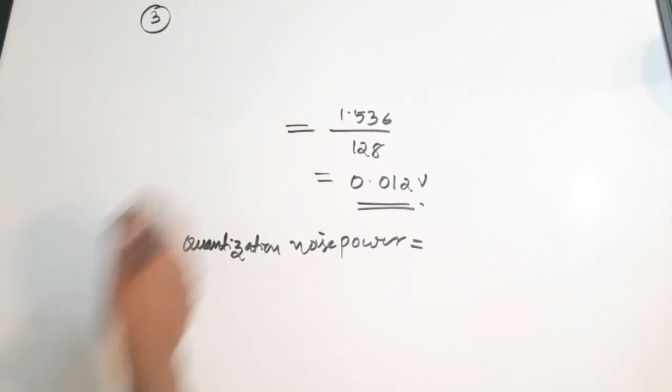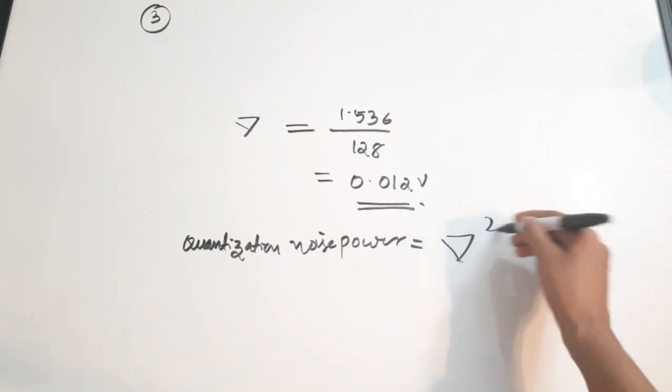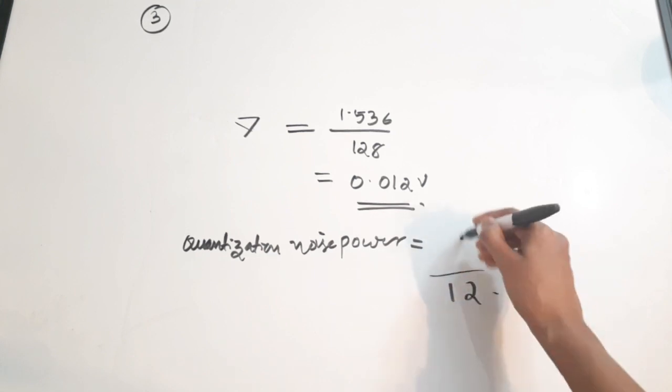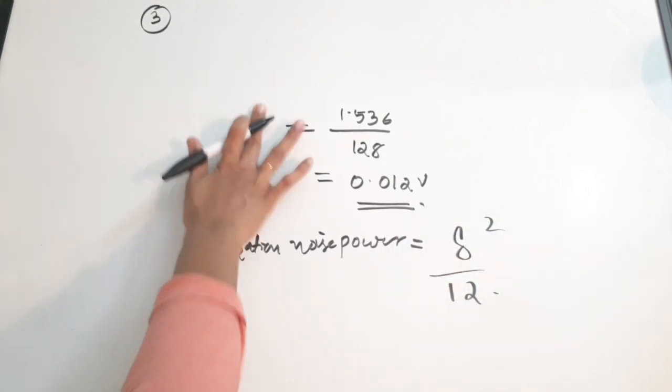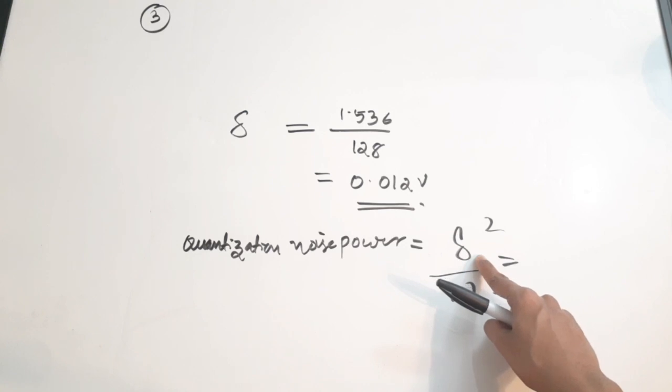This is the triangle. Delta square by 12, or you can use the smaller delta if you want. Anyway, delta square by 12 is the quantization noise power. Just know that this delta is the quantization step size.